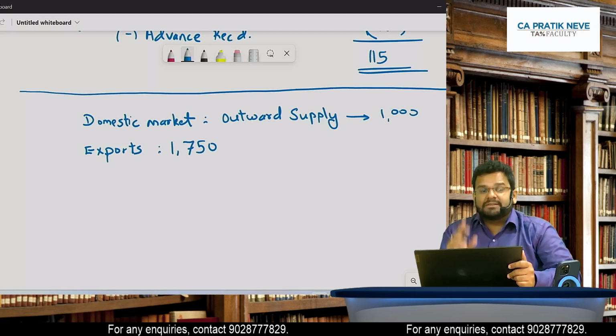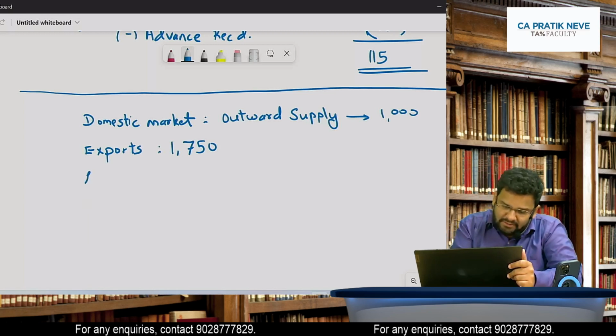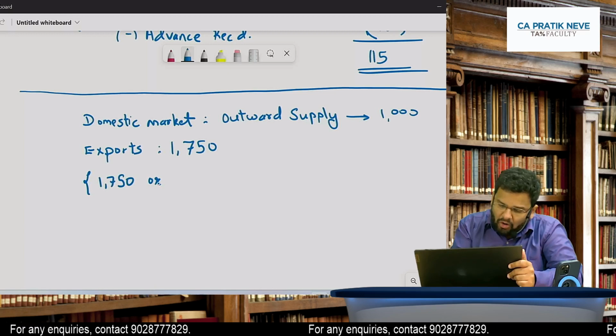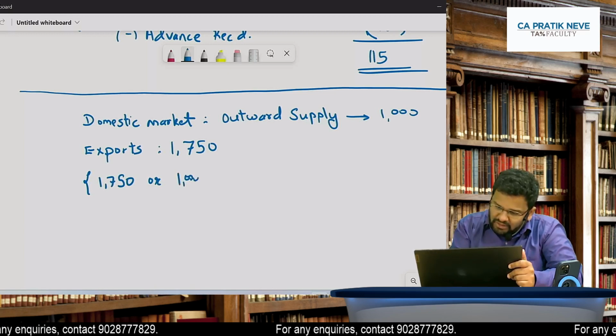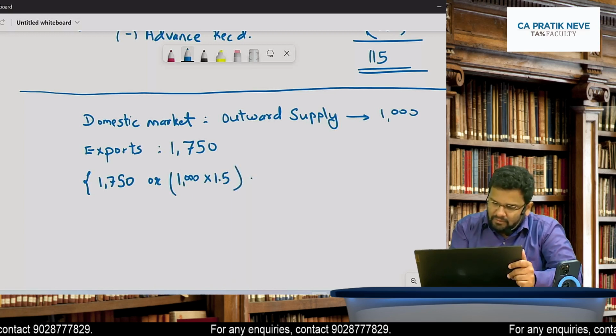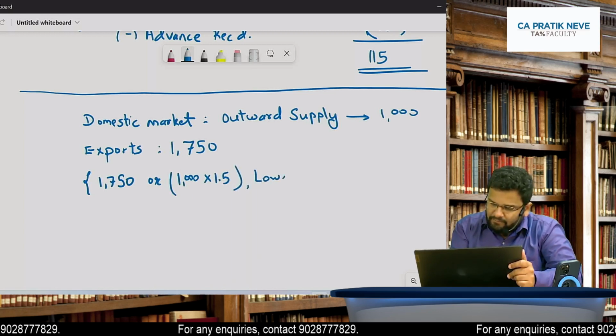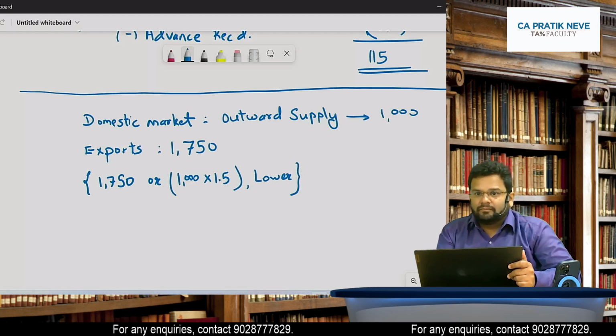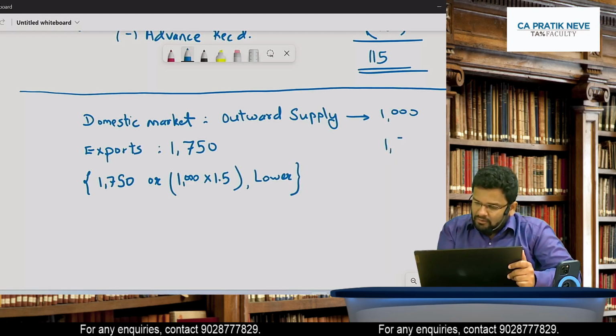But friends, what you have to understand is, you have to take 1750 or 1000 into 1.5, whichever is lower. So how much will you take? You will take 1500.